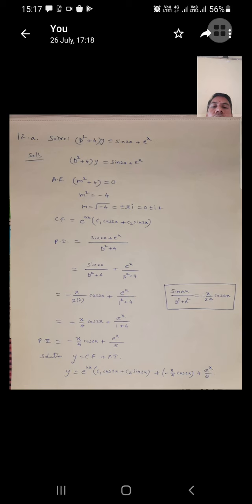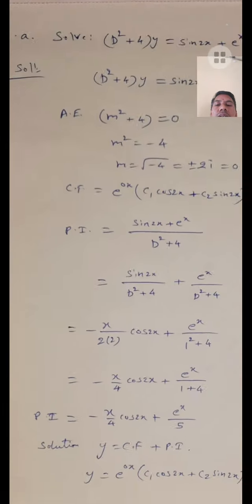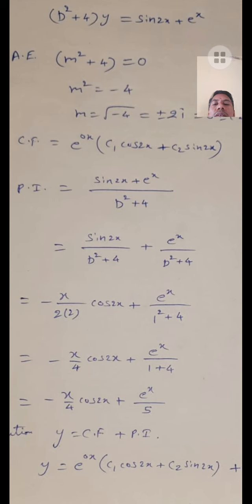So minus x by 2a cos 2x plus e power x by 1 square plus 4, that is 1 plus 4, that is 5. So minus x by 4 cos 2x plus e power x by 5.